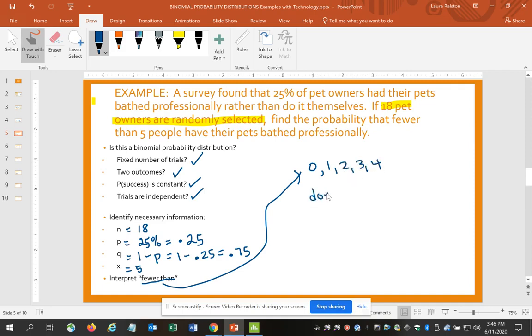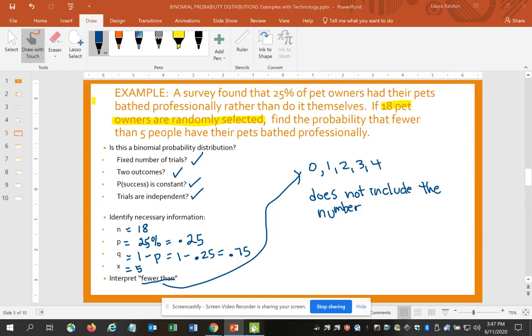That it does not include the number that's stated, because it's saying fewer than. It doesn't say fewer than or equal to. So you want to be less than that. So in this scenario, fewer than 5 would mean we could have 0, 1, 2, 3, or 4. It doesn't actually include the number. And guys, that's important when you're thinking about these calculations.